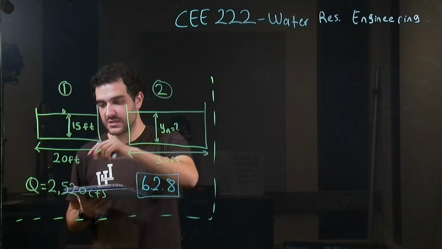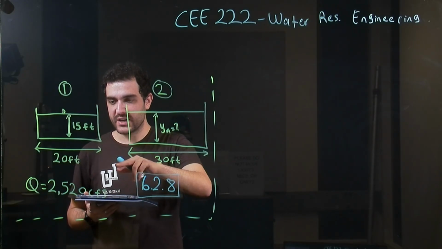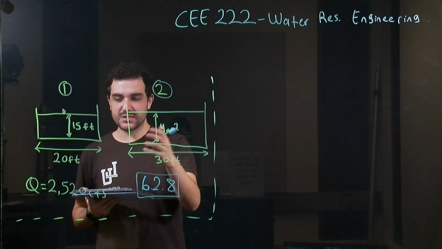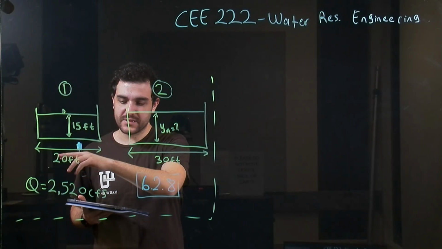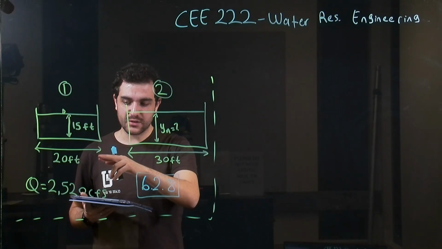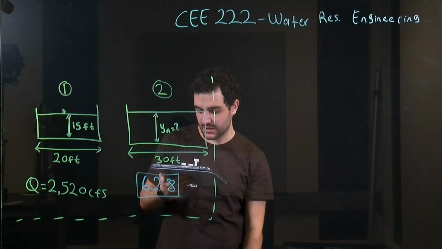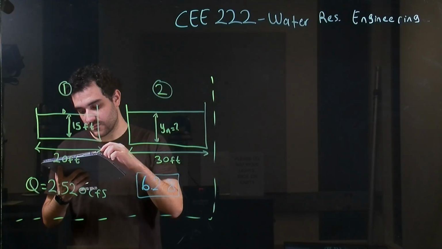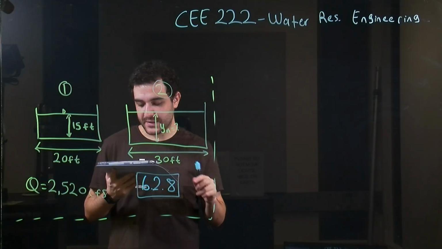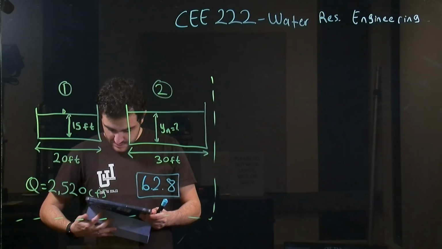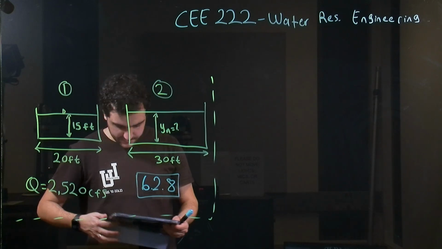So here we had 20 feet wide and 15 feet normal depth, and the question says, what happens if we expand this width of the channel to 30 feet? What will be the new normal depth? And we will assume that the slope and channel roughness remain constant in both channels.